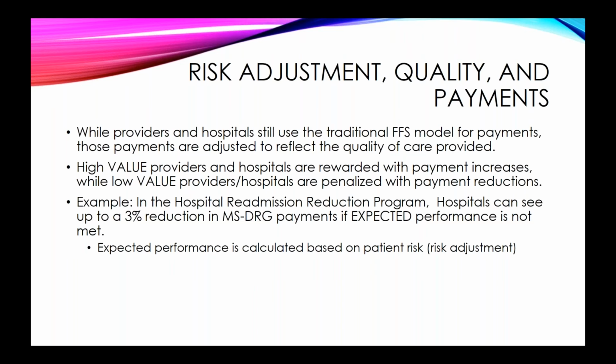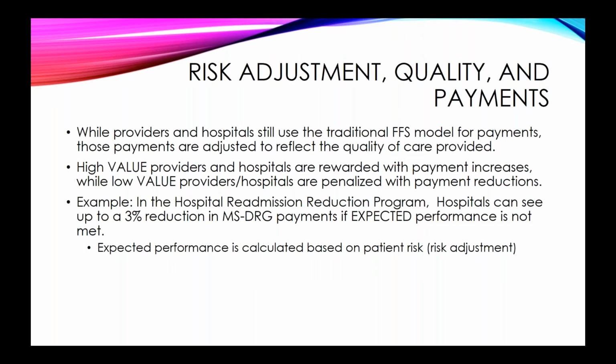What happens is the DRG payments get adjusted for that facility based on the outcome of the patients in the cohort. So high value providers and hospitals are rewarded with either payment increases or they just don't lose any money, while low value providers and hospitals are penalized with payment reductions. And that payment reduction is going to be related to your DRG payments.